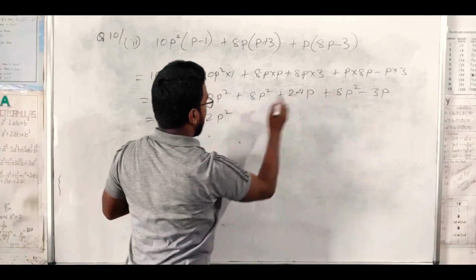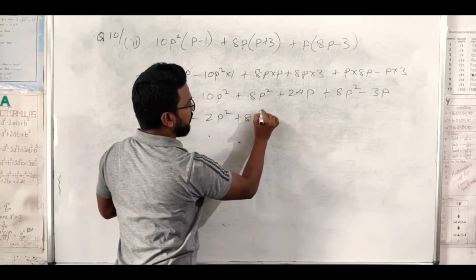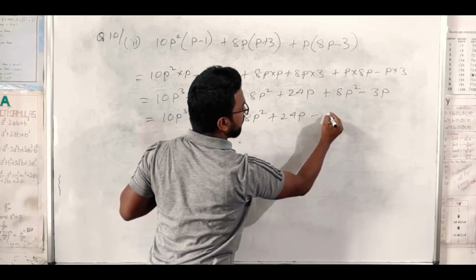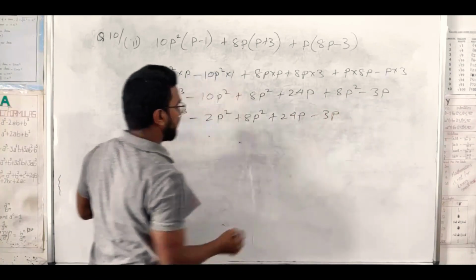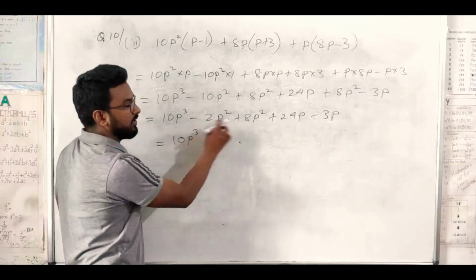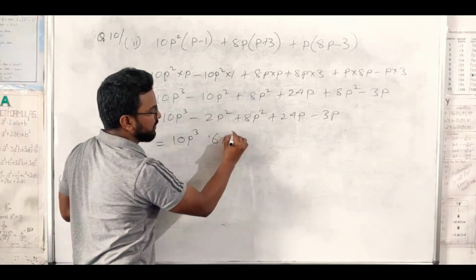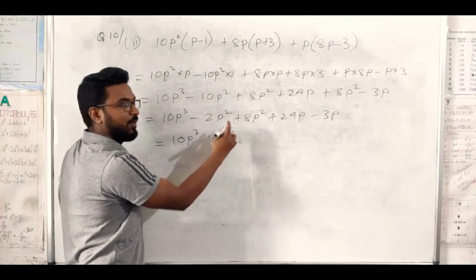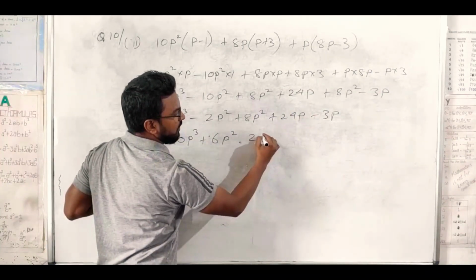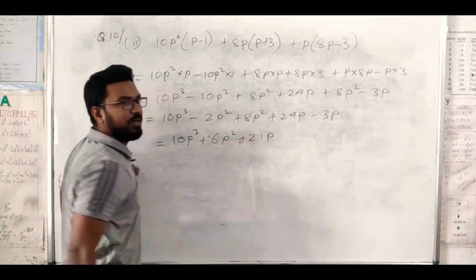Again 8p is there, so plus 8p square we bring together. What is left? 24p, and the last one is 3p. Okay, so this will be 10p cube plus minus, it will be minus 8 minus 2 is 6p square. What is the greater sign? That will be plus, and this is 24 minus 3 is 21p, sign will be plus.